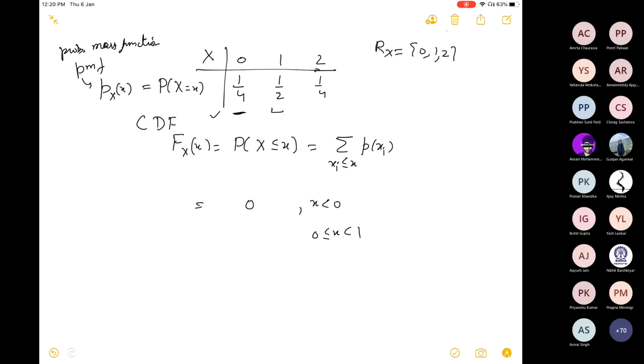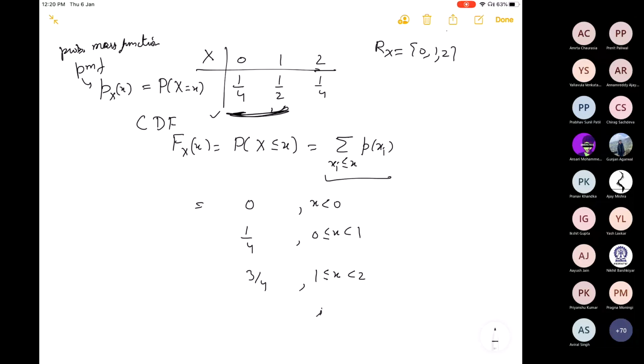The point 1 will not be included because 1 is not there. So it is 1 by 4. When x is greater than or equal to 1 and less than 2, we have to sum all the probabilities below that, so this will be the summation of both, 1 by 4 plus 2 by 4, that is 3 by 4.